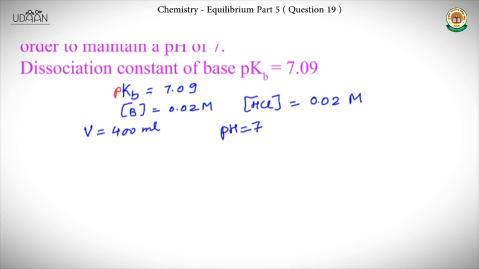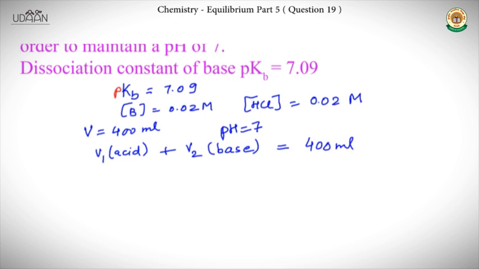Buffers, as we discussed earlier, are used to maintain the pH of the solution at a particular value. So let's say we take V1 volume of the acid and V2 volume of the base and add them. The volume should be 400 ml.